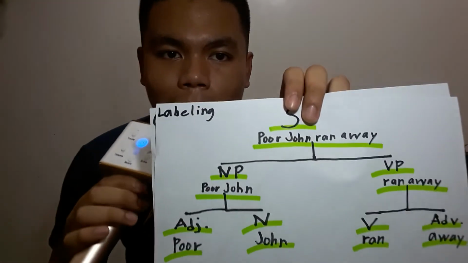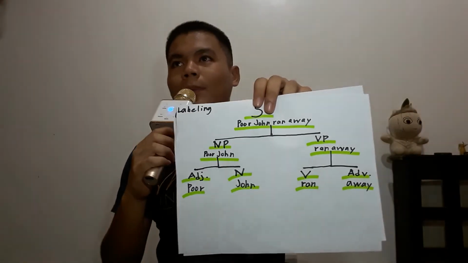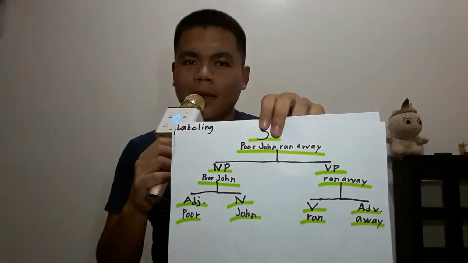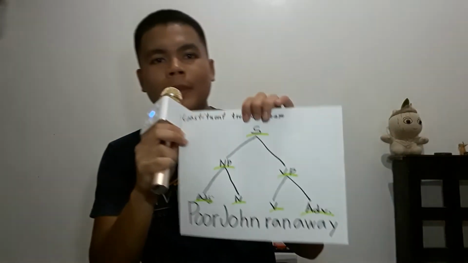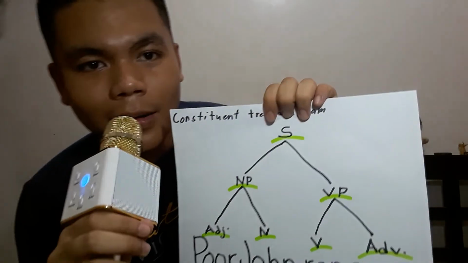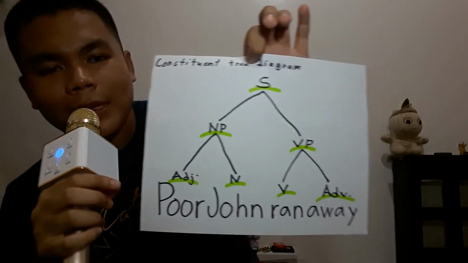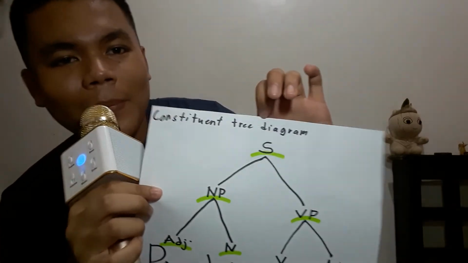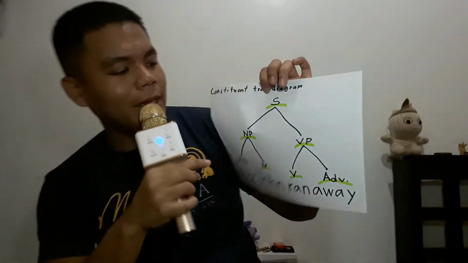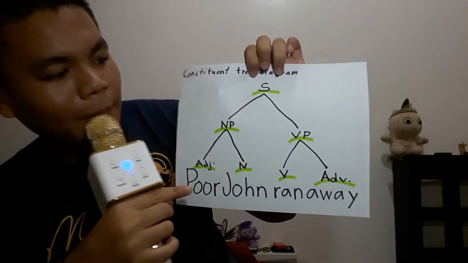Another form of labeling, one of the most common things that we view as something very hard, is the constituent tree diagram, which looks like this. It may look complicated, but as I have discussed earlier, it is simple.